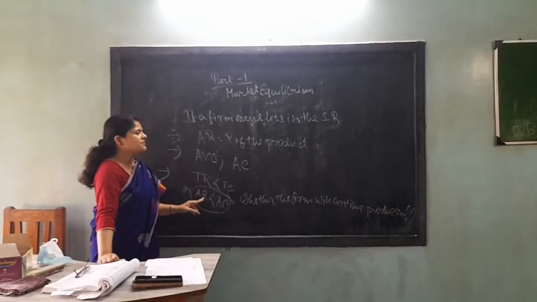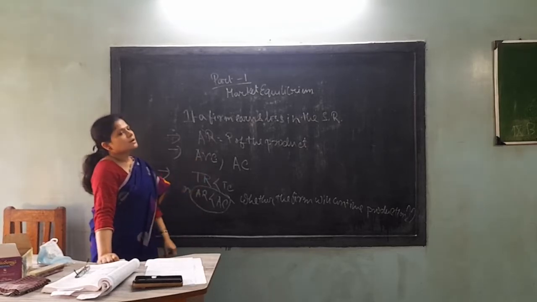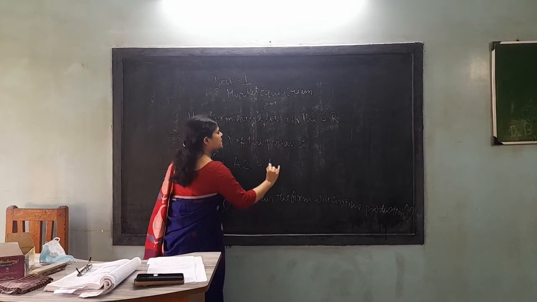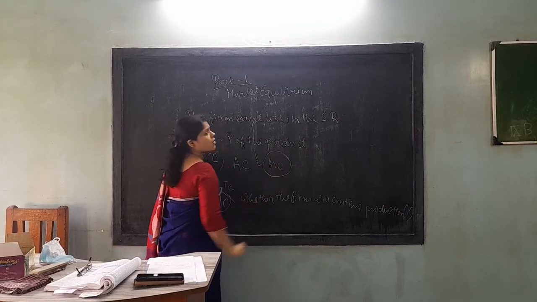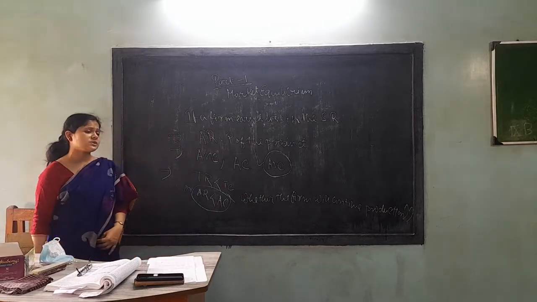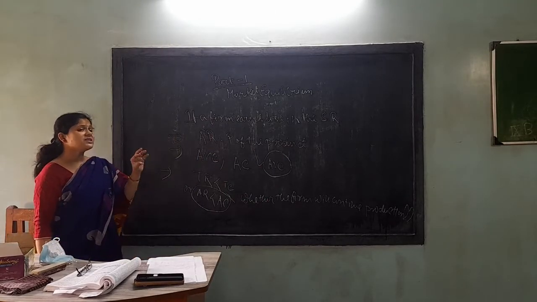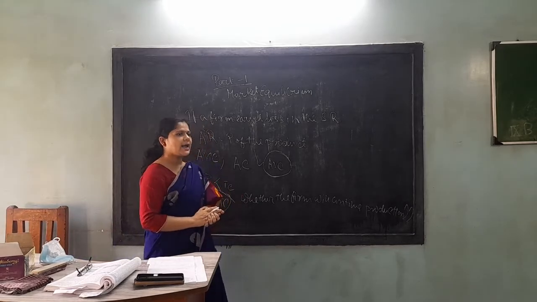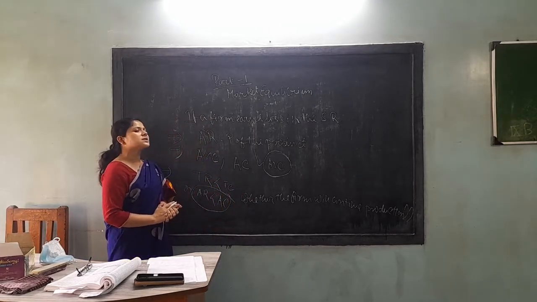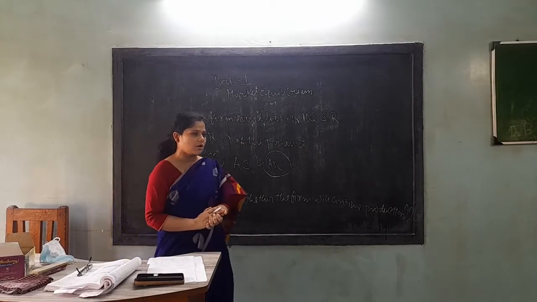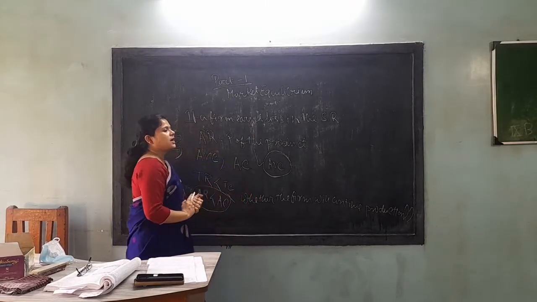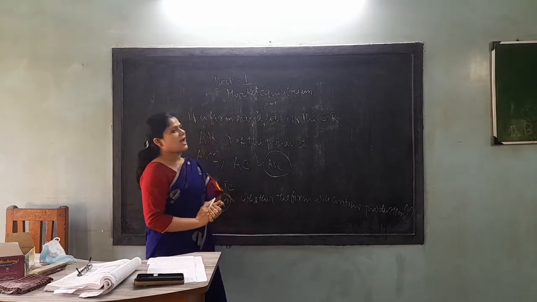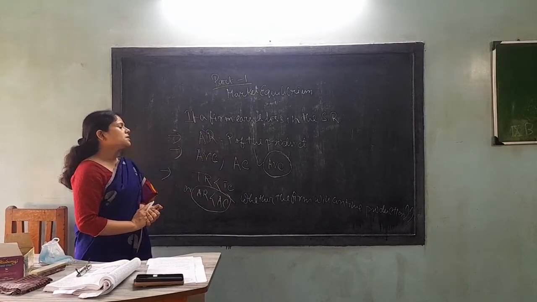Now, in order to give the answer, the producer should look at AVC, that is, the condition of the average variable cost of the firm, because average variable cost is the prime factor in the short run and average cost is the main factor in the long run. In the short run there are two types of costs, fixed cost and variable cost.